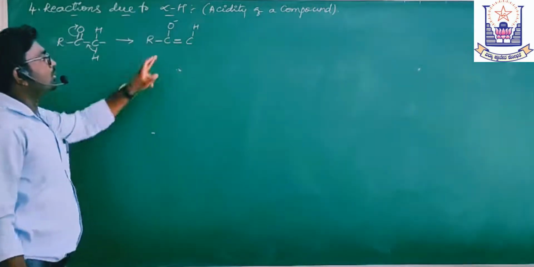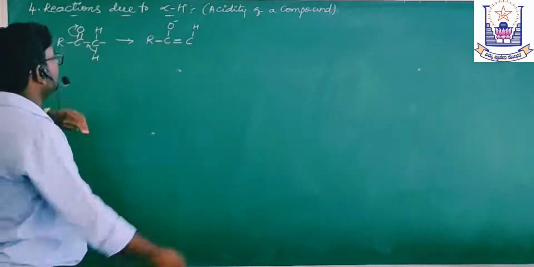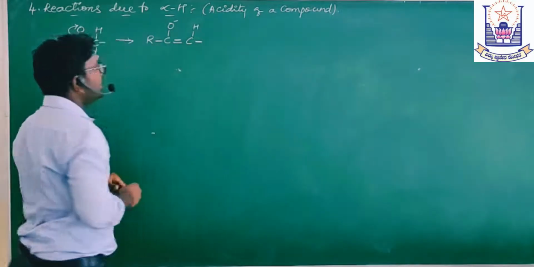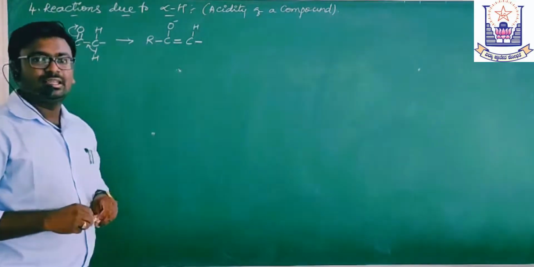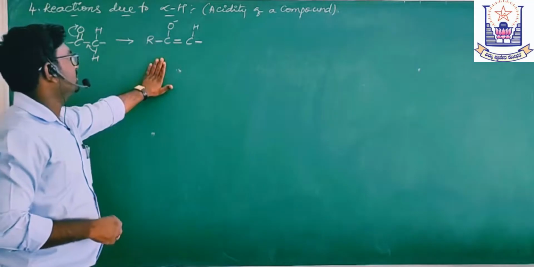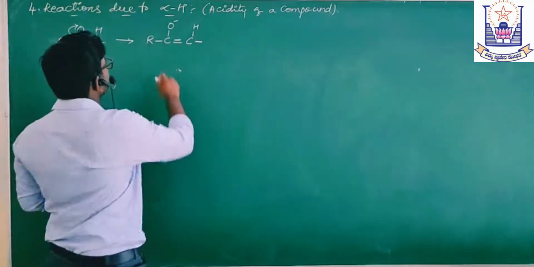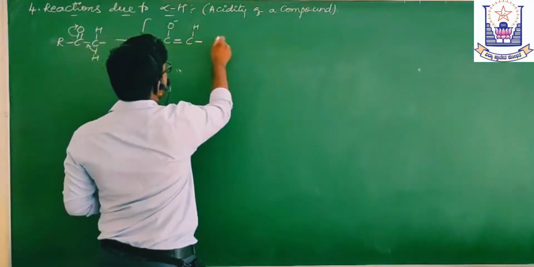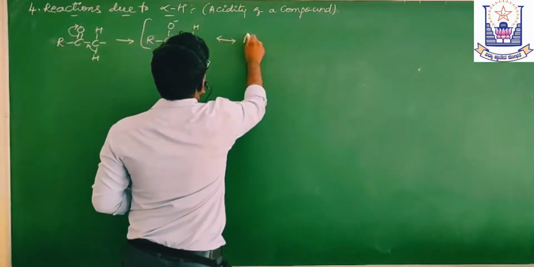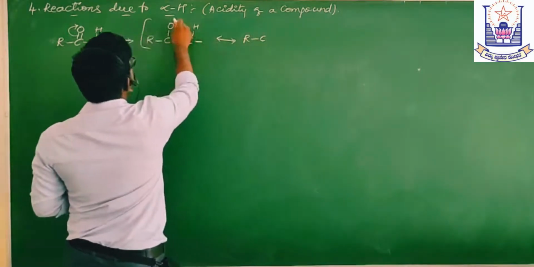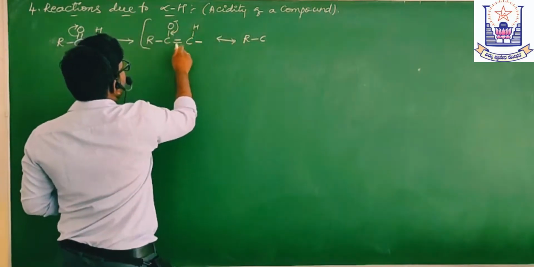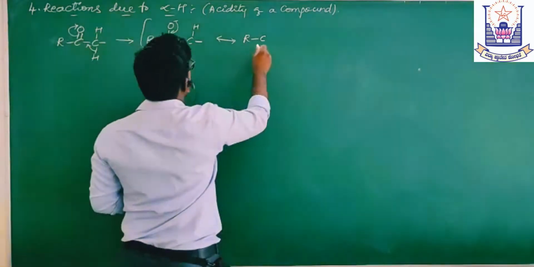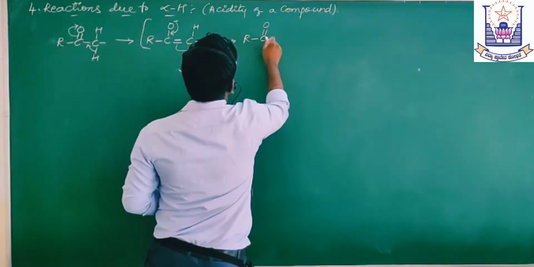Now this one is stable, because there exist resonance structures like this. See, if this jumps here, this jumps onto this carbon like this.